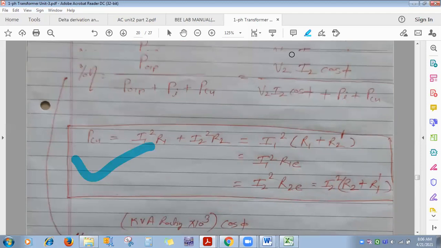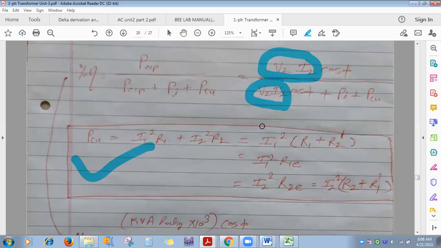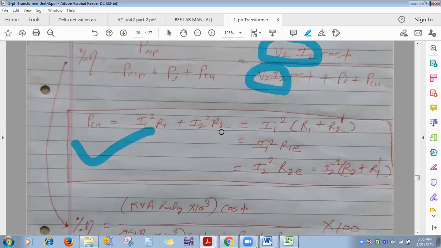Now this one, all of you know kVA rating. We have seen kVA rating into 10 to the power 3 is equal to V1 I1 is equal to V2 I2. So whatever V2 I2 is in this formula, I can replace it by kVA rating. See, it's a simplified form.